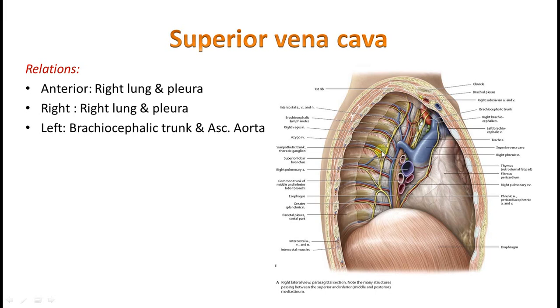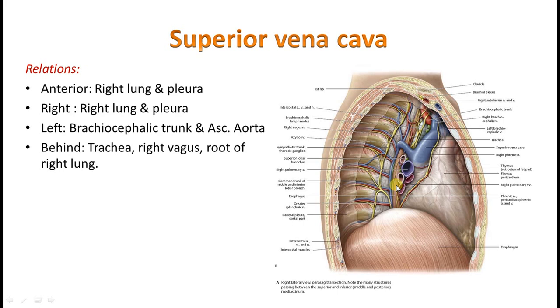To the right side, again, it is related to the right lung and pleura. On the left side, the brachiocephalic trunk and the common carotid artery will be related to it. Posteriorly, the trachea, vagus nerve and the root of the right lung.